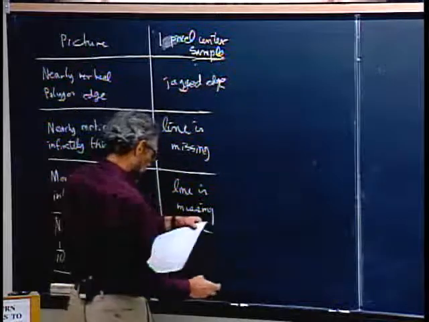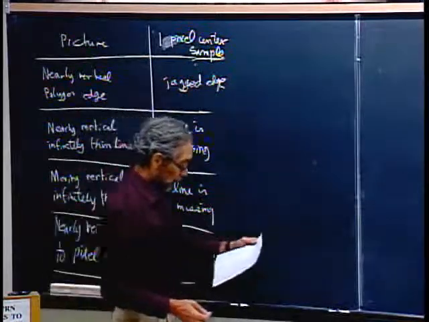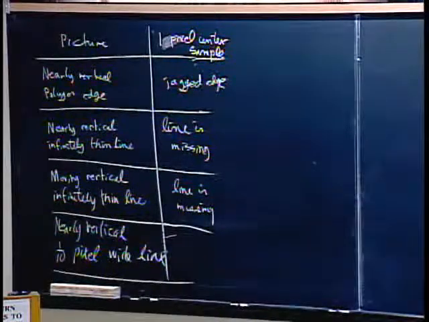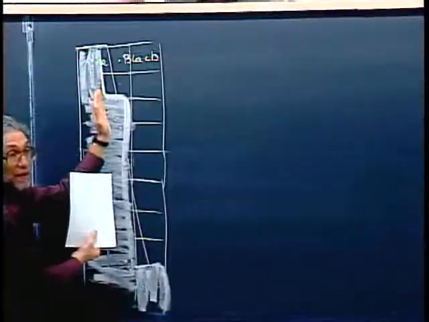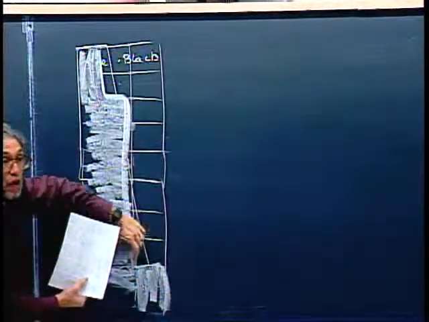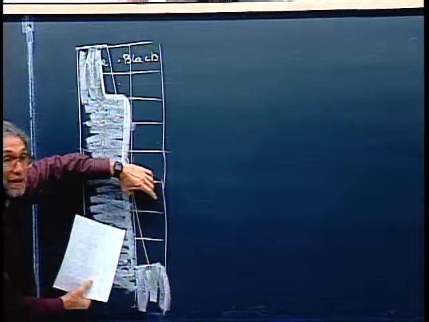I guess one thing that I didn't write even in the table I handed out is what happens if this polygon edge is moving slowly? These jaggies are going to crawl up the line, right?